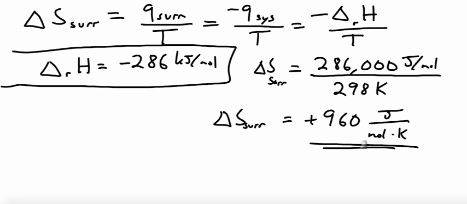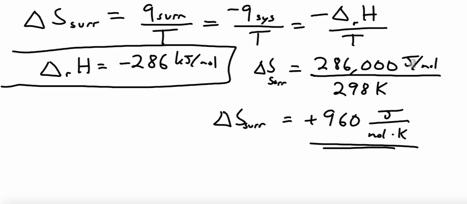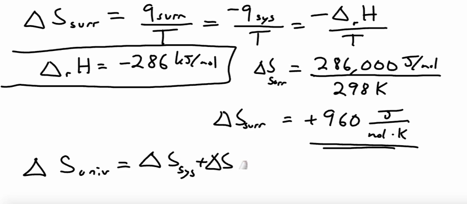And remember, for the system, we got that the entropy change was a negative 164. So we've got negative 164, a positive 960. We can see that overall this is definitely going to increase the entropy of the universe. Let's just see how much that is. The delta S for the universe for this process. So we said it's delta S for the system plus delta S for the surroundings.